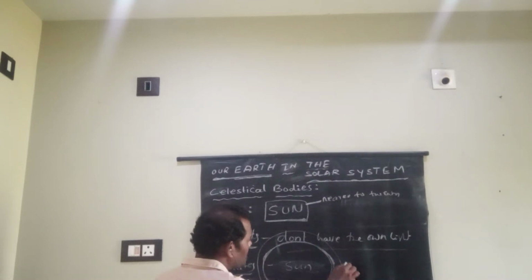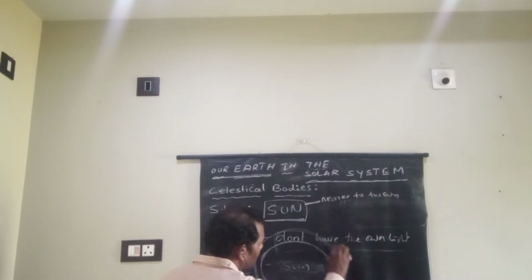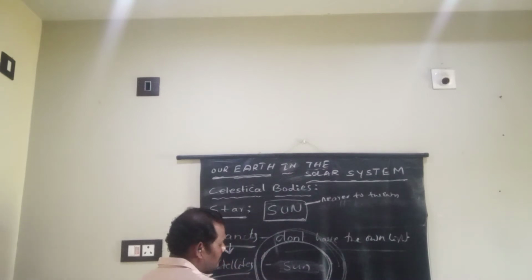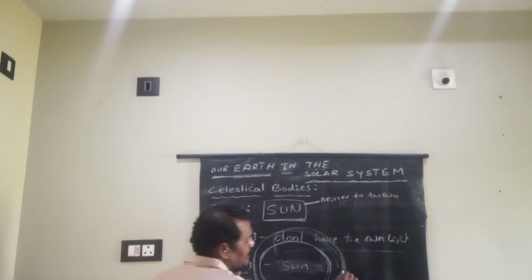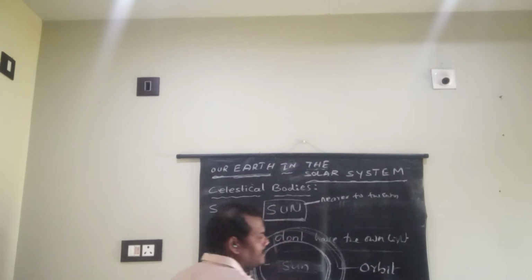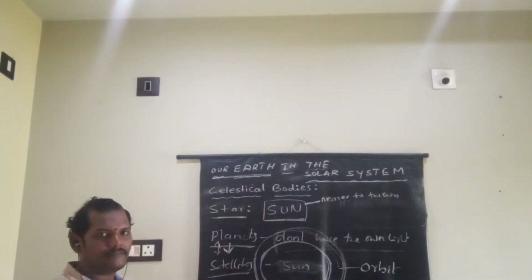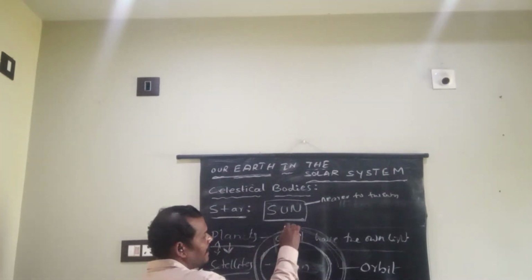That means those are not crossing. These are all around their own path. This path is called an orbit. Each and every planet and each and every satellite has its own path.